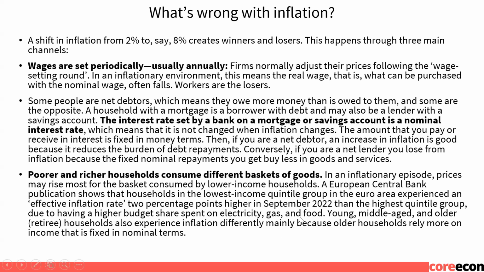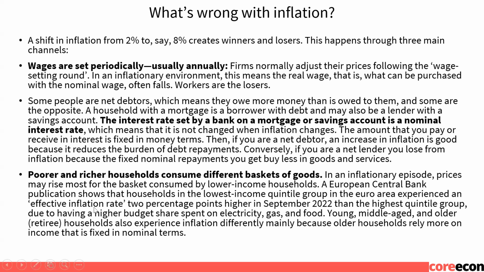And if you're a high income household, chances are you own your house, you don't have any mortgage payments, you're not paying rent, so you don't really get impacted by such changes that much. It also has a large impact on the differentiation, if you will, of how different households are impacted by inflationary periods.